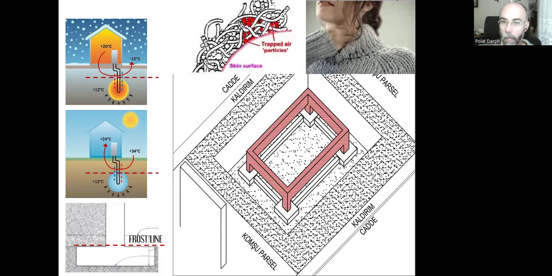That means that our skin surface is hot, the outside air is cold, so the heat wants to go from the hot side towards the cold side. And by placing this barrier of wool with lots of trapped air molecules inside it, we slow this transfer from our skin surface towards the cold outside air.